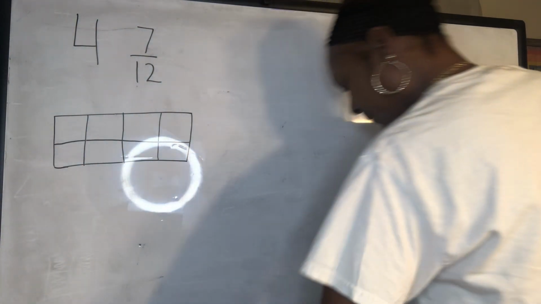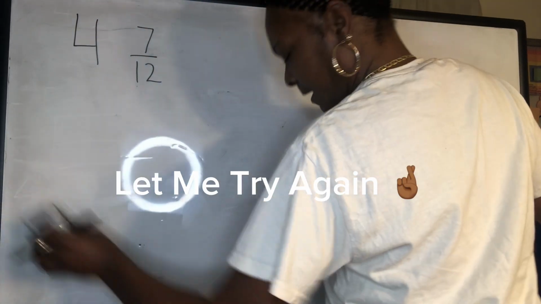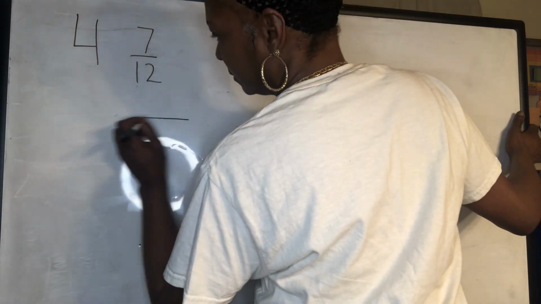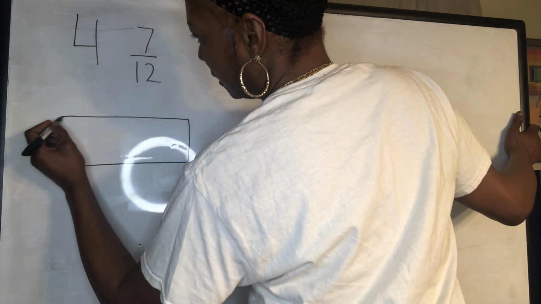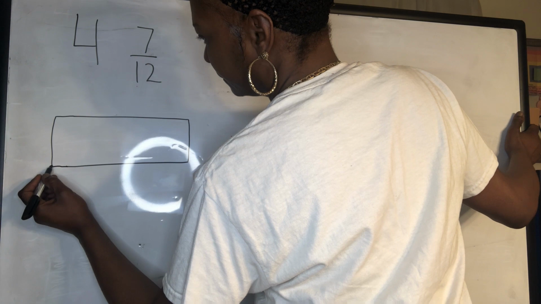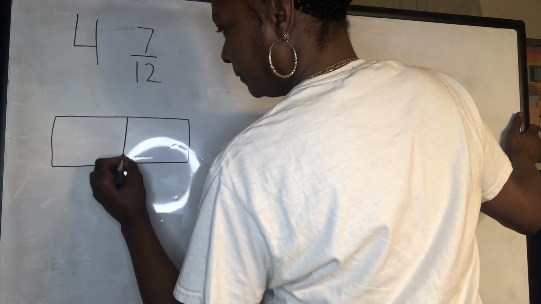That ain't what I want to do. Sorry, guys. That's not how I'm going to get what I need. So I need to do this. Now I need my middle.